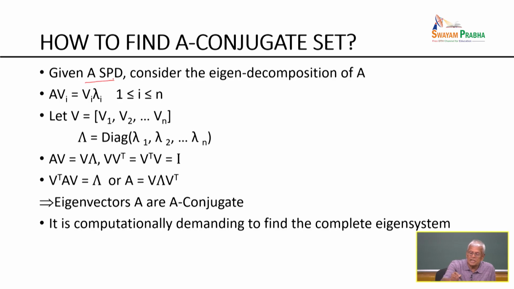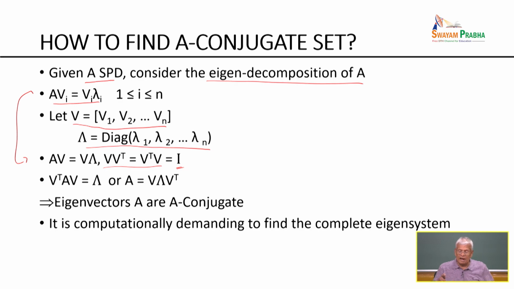Given A is SPD, you remember we have an eigen decomposition, the spectral decomposition. A Vi is equal to lambda i Vi. If V is equal to V1, V2, ..., Vn and lambda is equal to lambda 1, lambda 2, ..., lambda n, this set of n relations can be succinctly stated as AV is equal to V lambda. V V transpose is I, they are orthogonal.